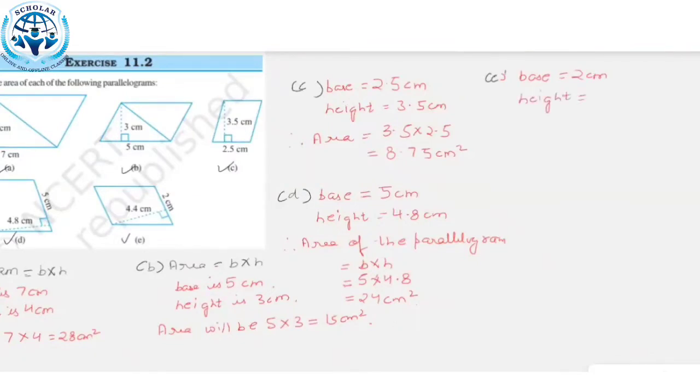Base is 2 cm, height is 4.4 cm. The area of the parallelogram is base into height, that means 2 into 4.4, that is 8.8 cm square.